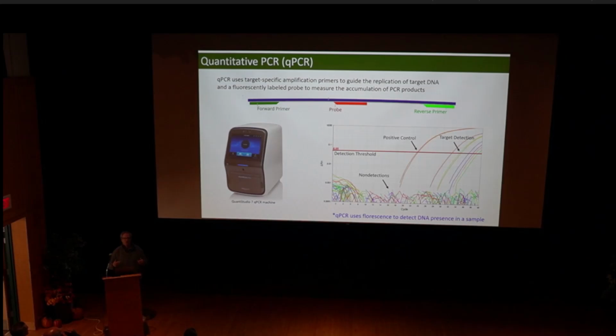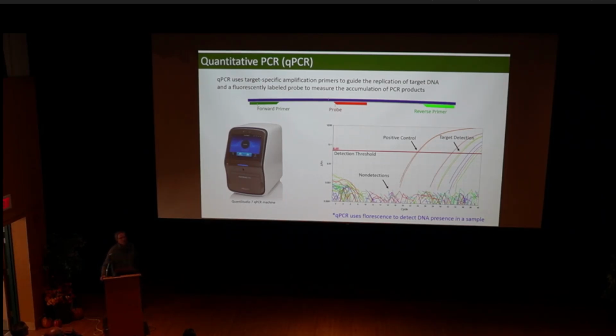We use those primers to direct that process and create lots of copies. In that environmental sample, we might only start with a handful of copies, but after the amplification process, we might create hundreds of thousands or millions of copies of the DNA we're looking for.